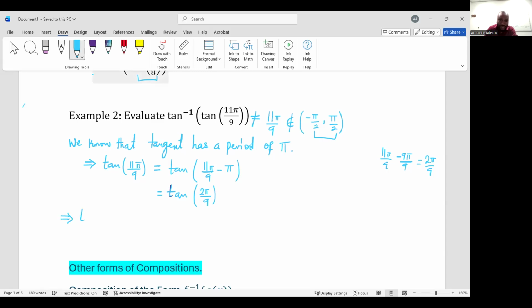That implies that tangent inverse of tangent of 11 pi over 9 is the same thing as tangent inverse of tangent of 2 pi over 9, which is the same thing as 2 pi over 9, since 2 pi over 9 belongs to negative pi over 2 comma pi over 2.